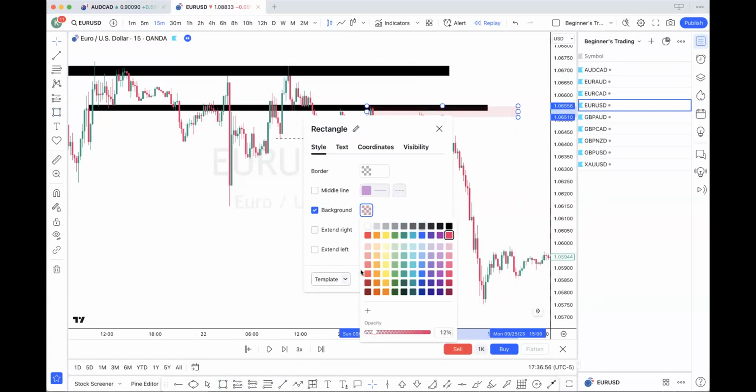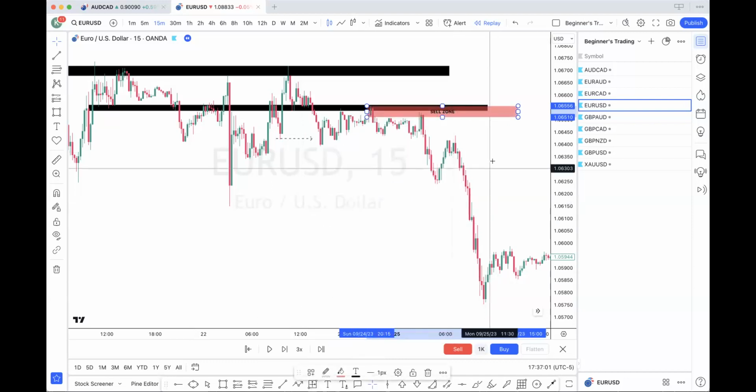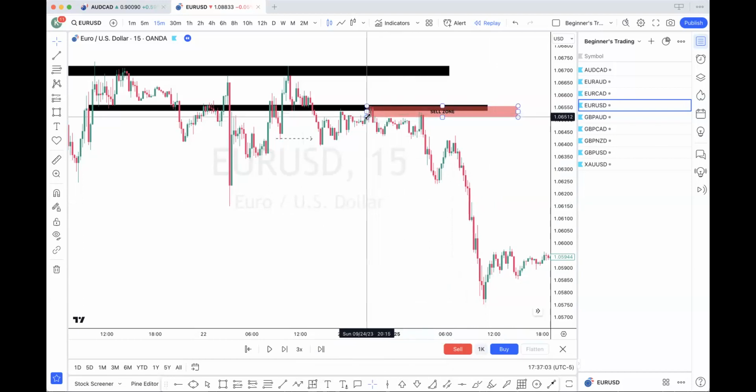Or let me just put a sell zone. Okay. So you can mark up your order block.